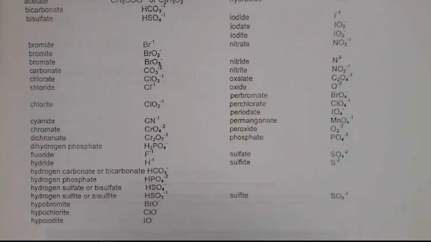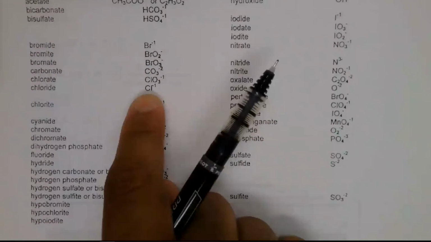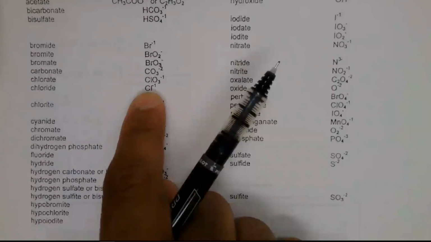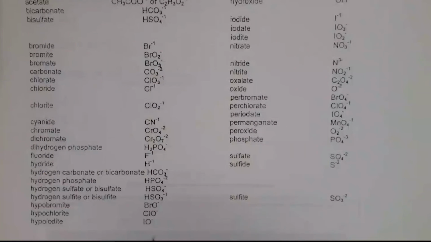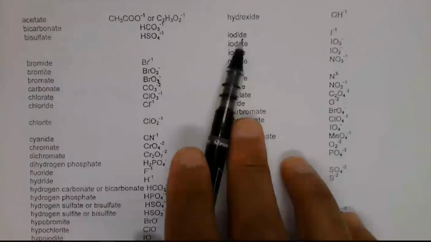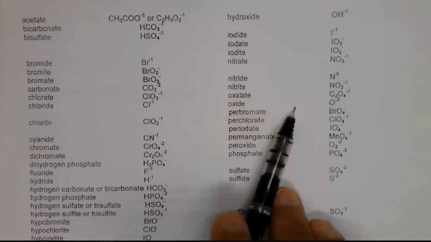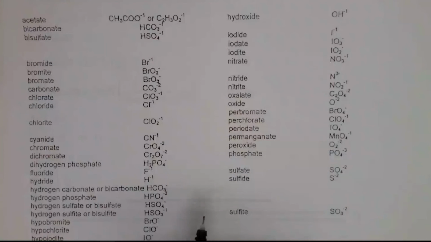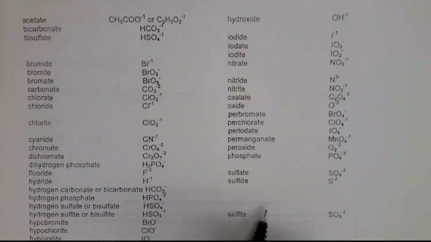Okay, so these are all anions. And so look at the monatomic. Monatomic means single atom. So chloride, fluoride, there's a couple more here, iodide, nitride. So we saw some of those, oxide, right? O -2. And then you have the polyatomics.